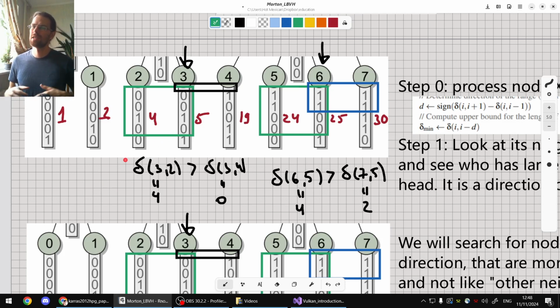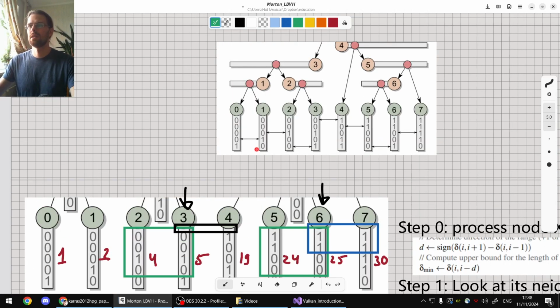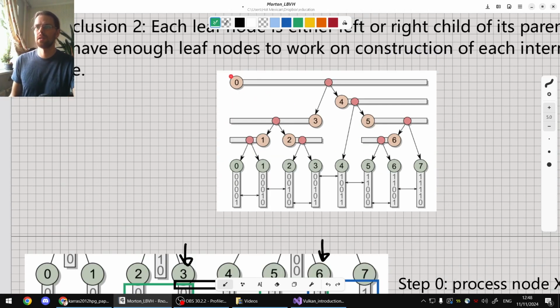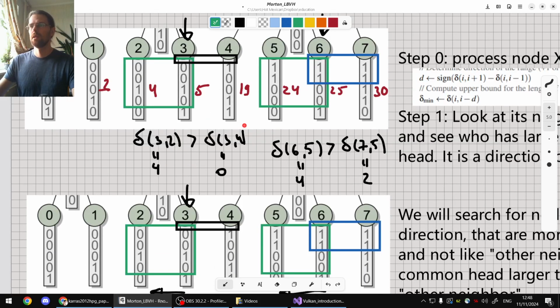So it's more involved. And we must also understand that the span of this node, where it covers, may be very large. It doesn't even mean that intermediate 3 will necessarily be a parent of leaf 3. So okay, we've established that we can determine the direction.